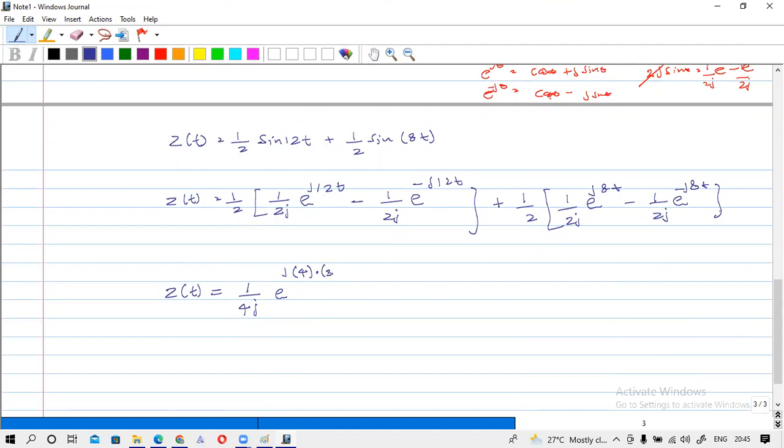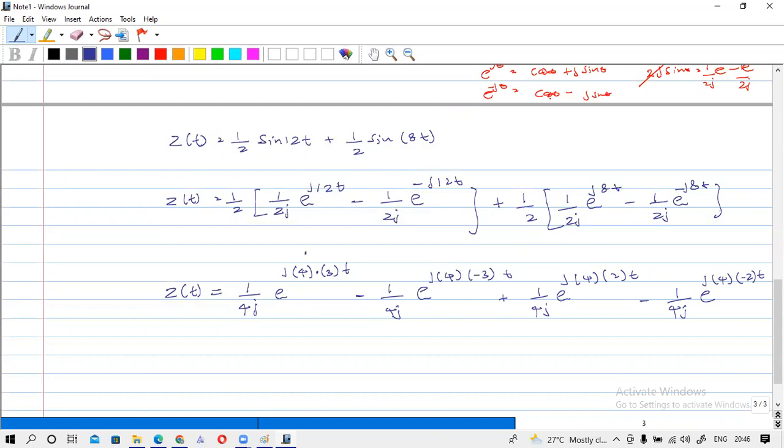Here 12, so I have to multiply by 3, minus 1 by 4j e to the power minus j 3 omega naught t, again with the minus sign. And for the other terms, 1 by 4j e to the power j 2 omega naught t minus 1 by 4j e to the power minus j 2 omega naught t. So these are the terms.